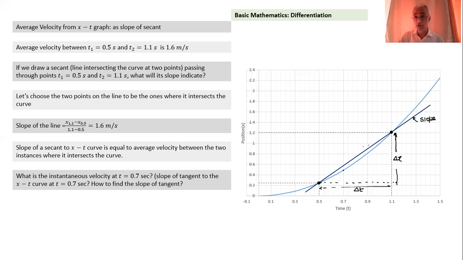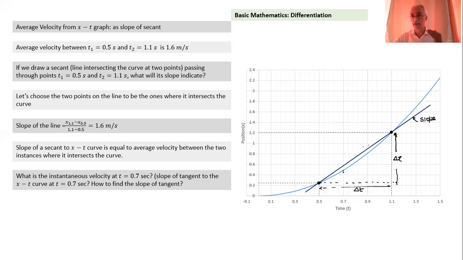So at this particular instance of time, what is the instantaneous velocity? We are not talking about 2 instances of time, but one single instance of time. And we will show later that the velocity at this instance is equal to the slope of the tangent drawn at 0.7 seconds. And how do we find the slope? Because finding the slope is not easy.